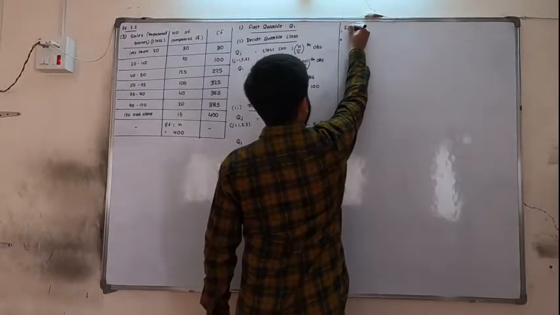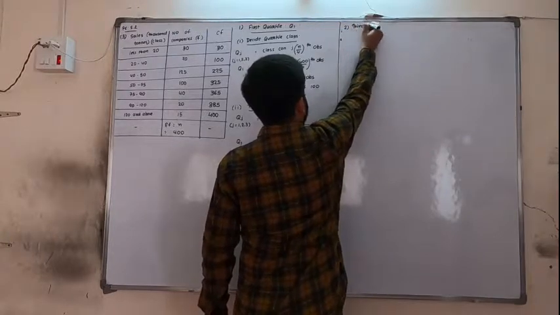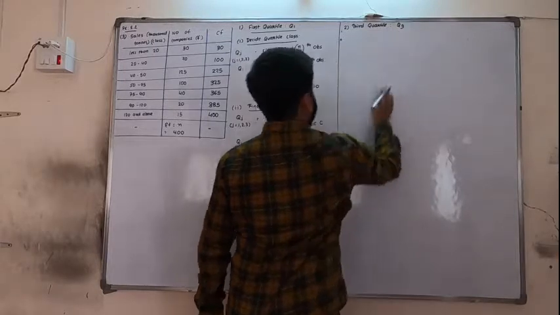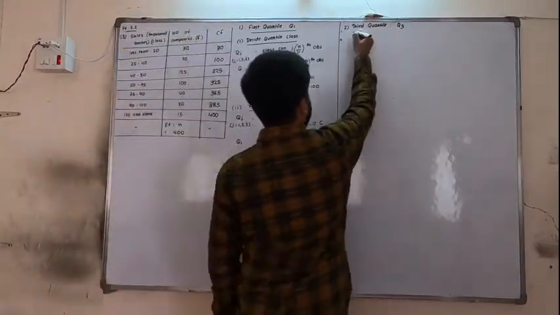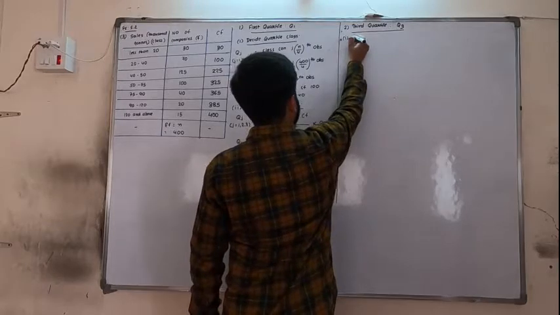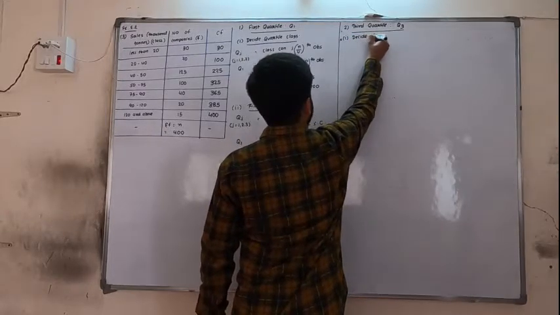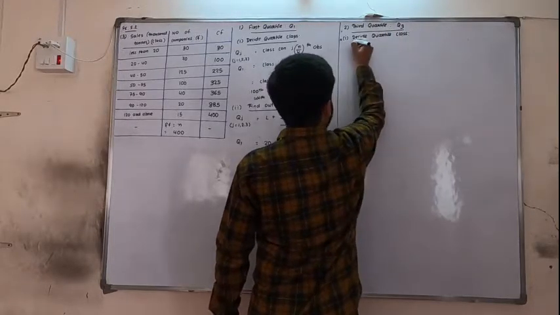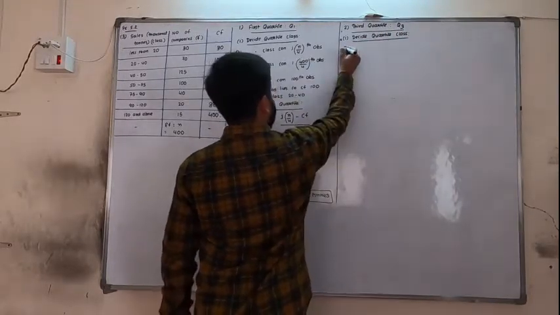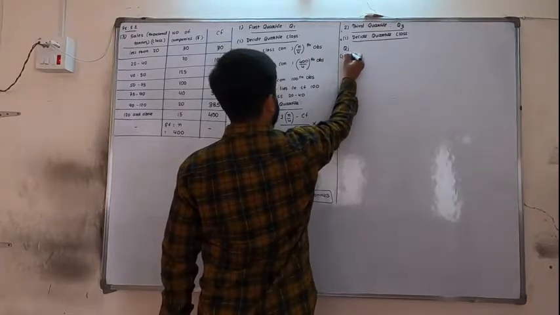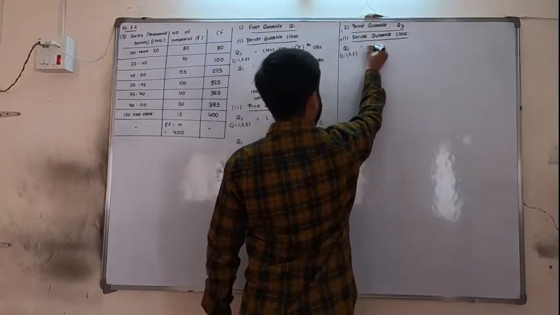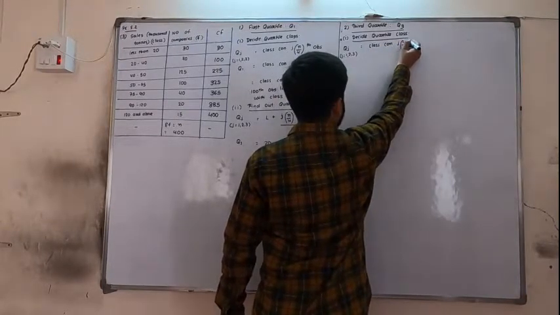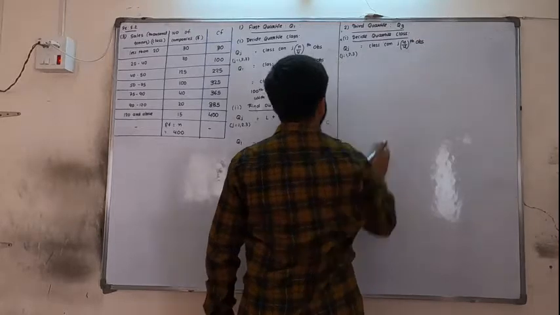Next, the third quartile Q3. First step, decide the quartile class. For that, Qj, j is equal to 1, 2, 3, is the class containing the j n by 4th observation.